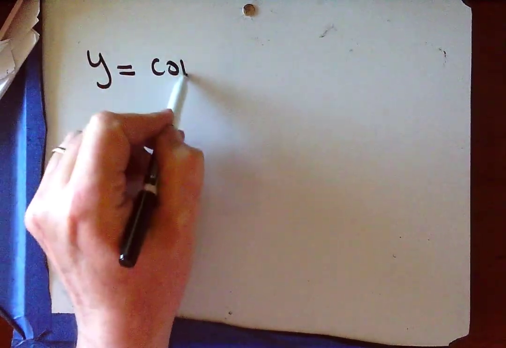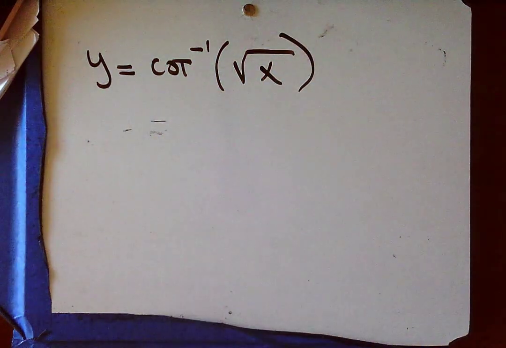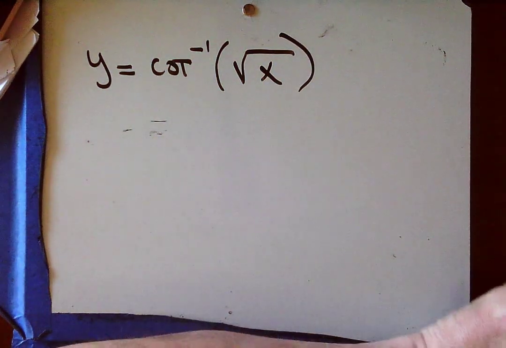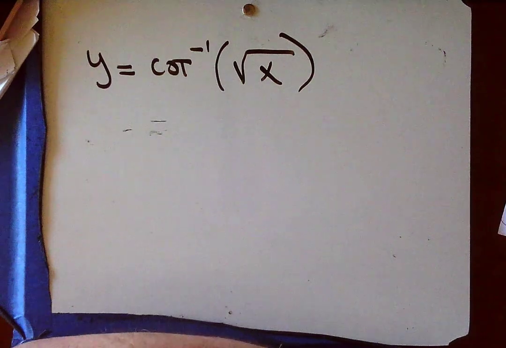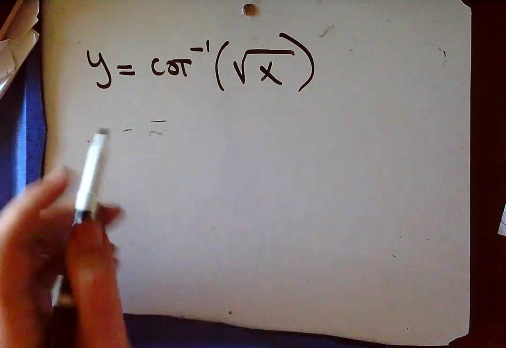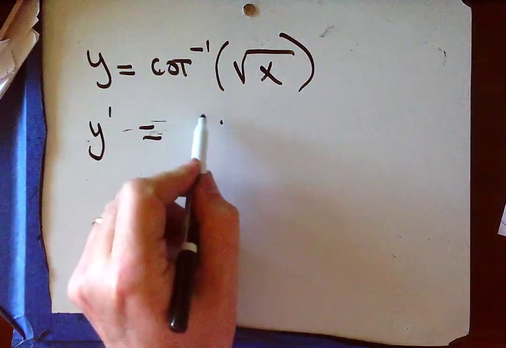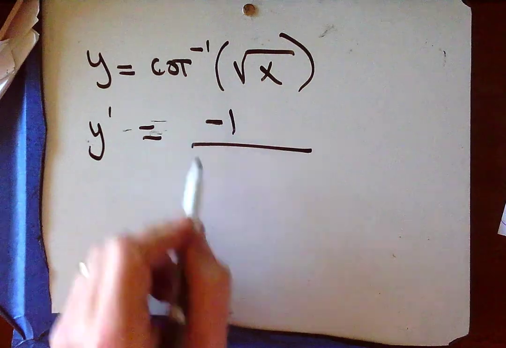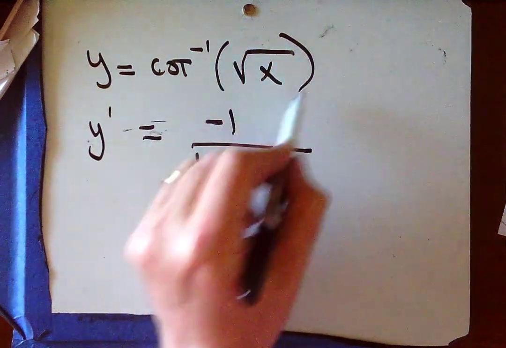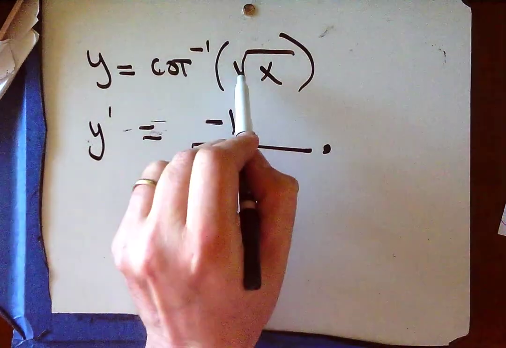Can you then tell me what the derivative of cotangent inverse of square root of x would be? Pause the video, give it a try, come back when you're done. Hi, welcome back. Did you get that y prime was equal to negative 1 over 1 plus stuff squared times the derivative of stuff?